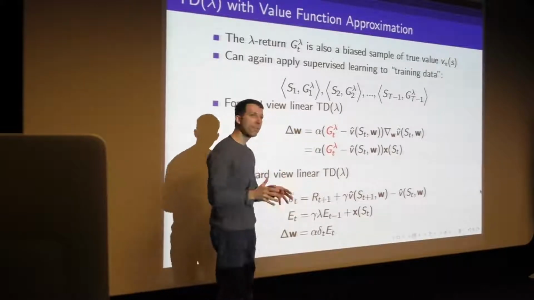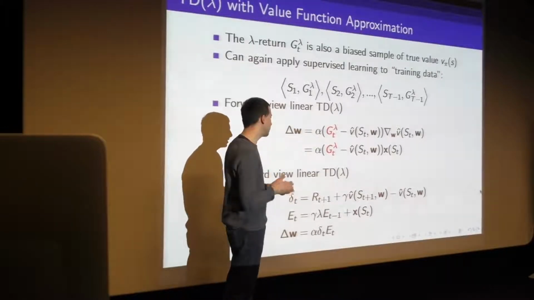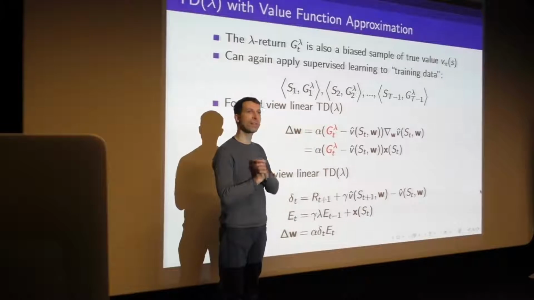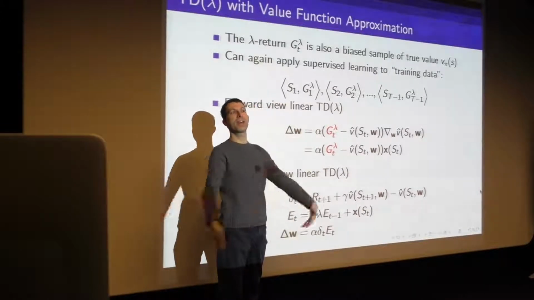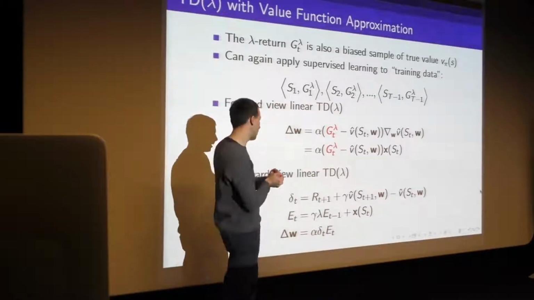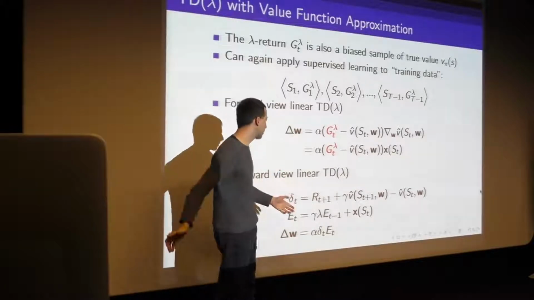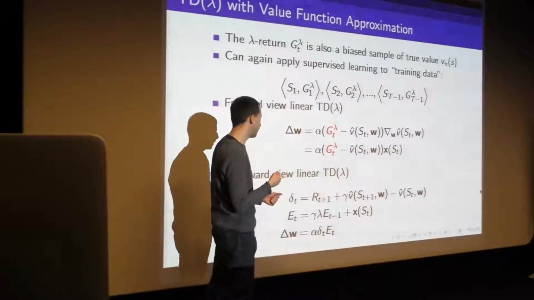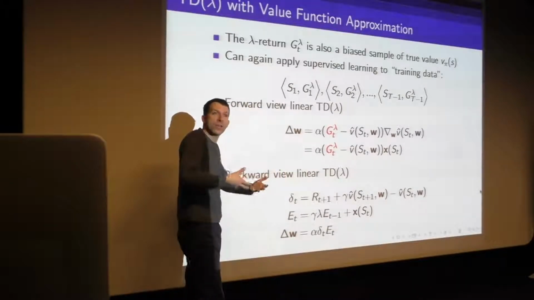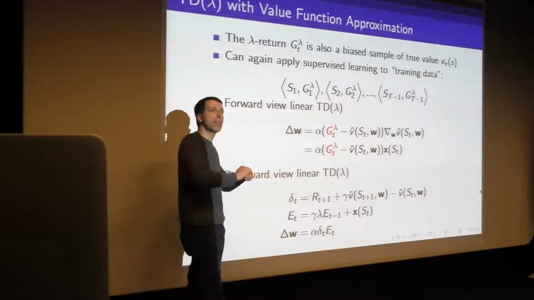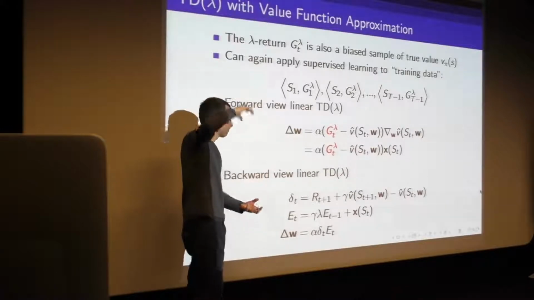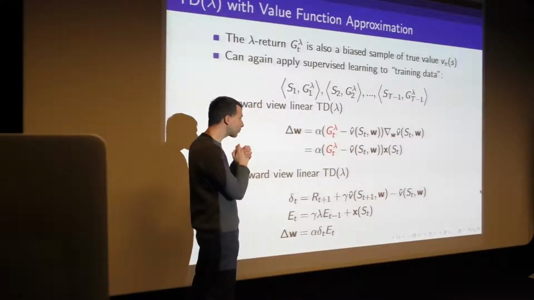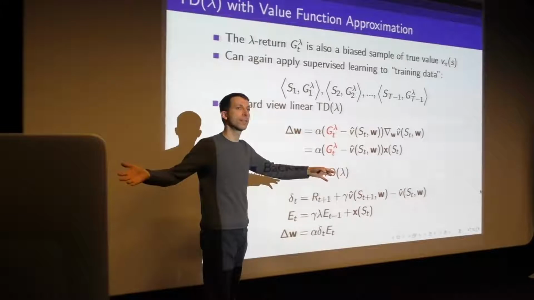So briefly, what do the eligibility traces look like? I think someone asked in a previous class, what's the size of these eligibility traces? When you use function approximation, the eligibilities are on the features, or on the weights of your parameter vector. They're the size of your parameters of your function approximator. They're not the size of the state space.